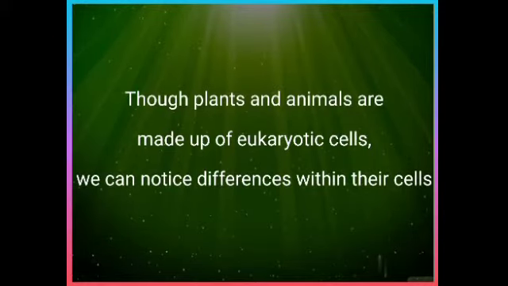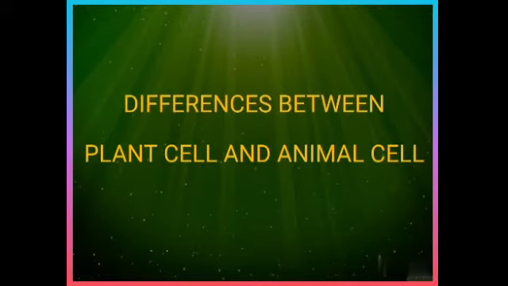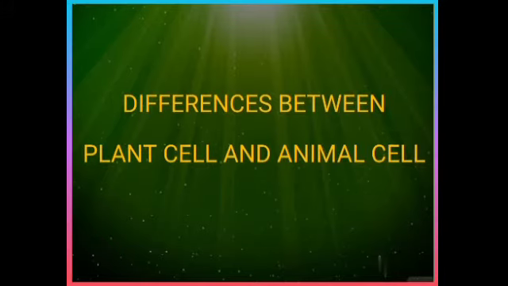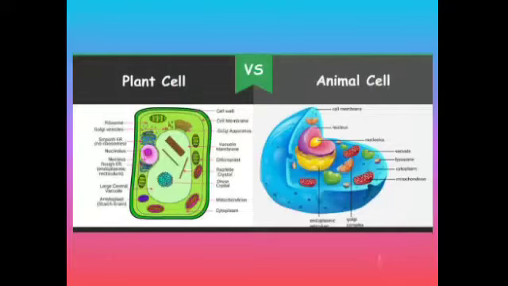Slaters, though plants and animals are made up of eukaryotic cells, we can notice some differences within their cells. Have you identified any such differences? Let's have a quick look at differences between plant cell and animal cell. Generally, plant cells are larger than animal cells.